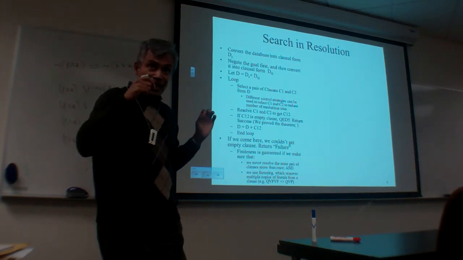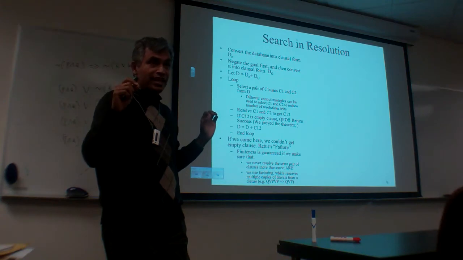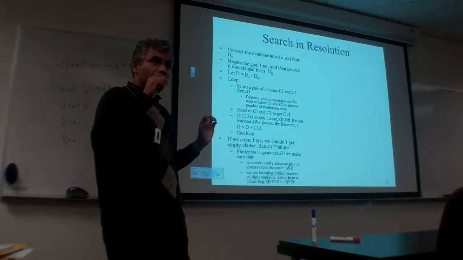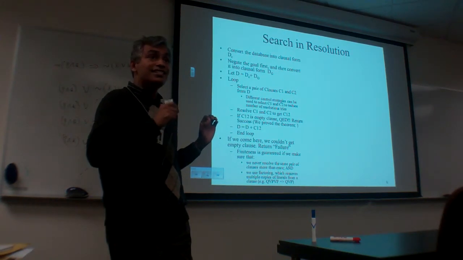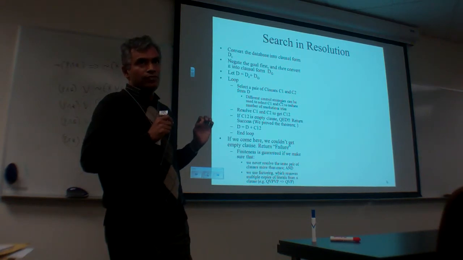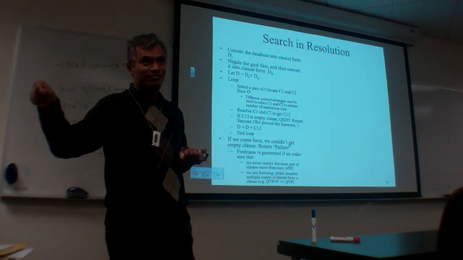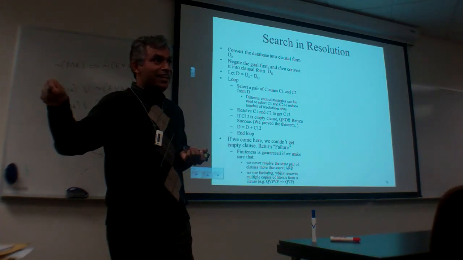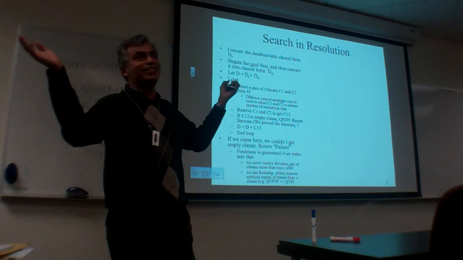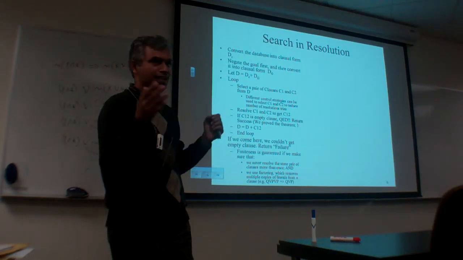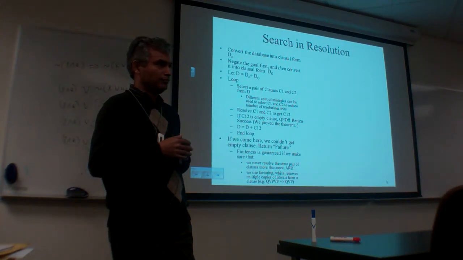Which is why, and this is a pretty deep point, in first order logic, the theorem proving is semi-decidable. It is decidable if the theorem that you're trying to prove is actually true. Okay? And if it is false, then the algorithm doesn't even end. It never ends.